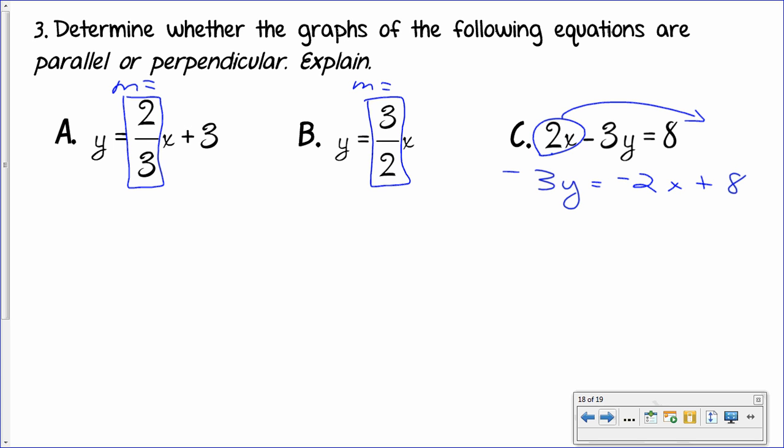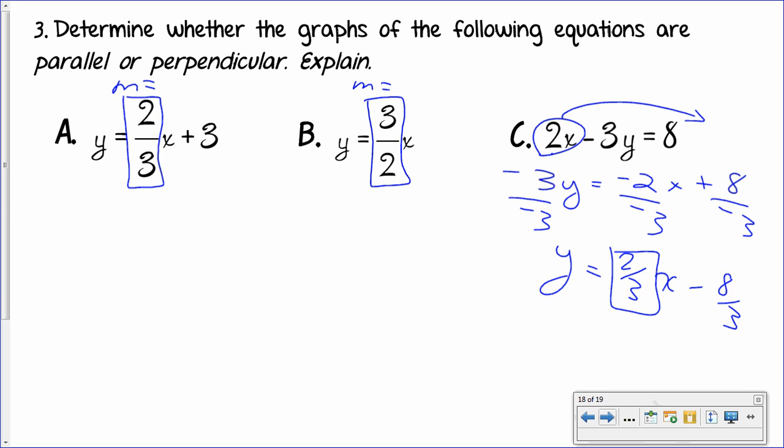Then what? Minus 8/3. Slope is 2/3. So what do you got here? Parallel, good.